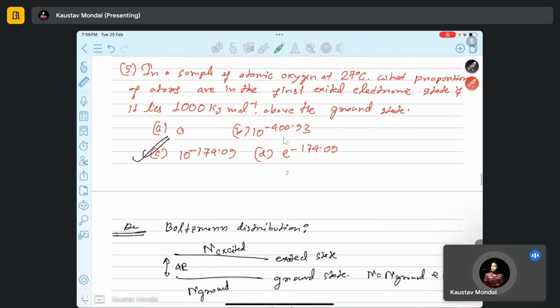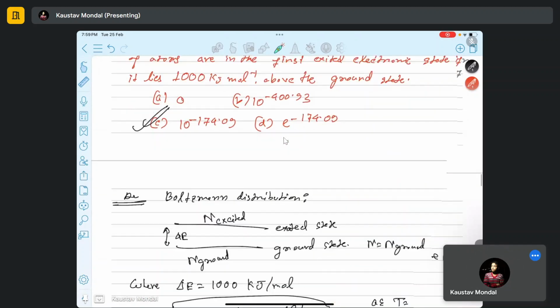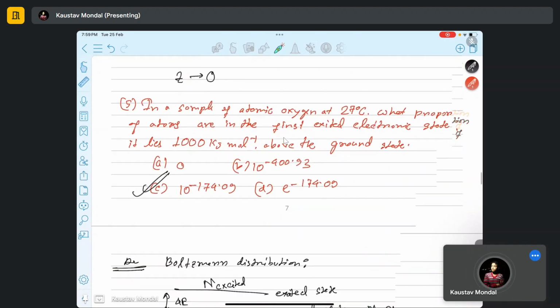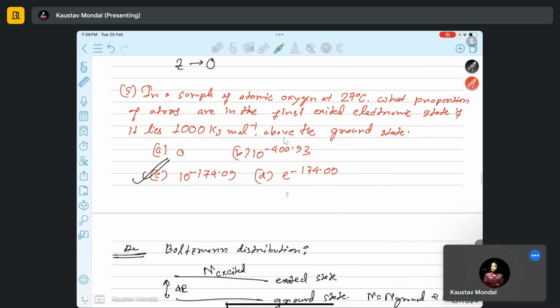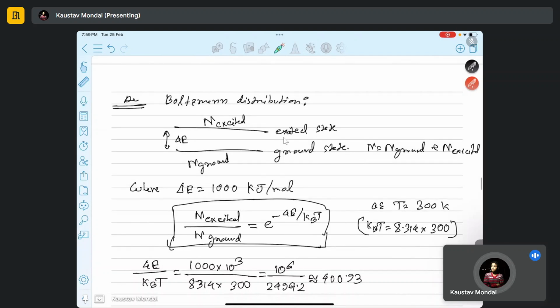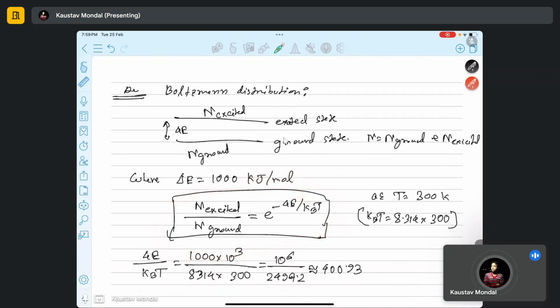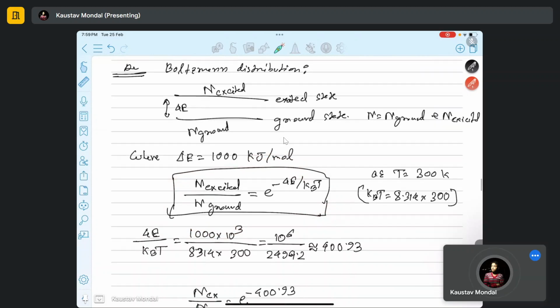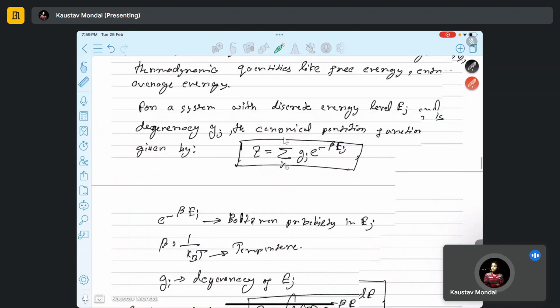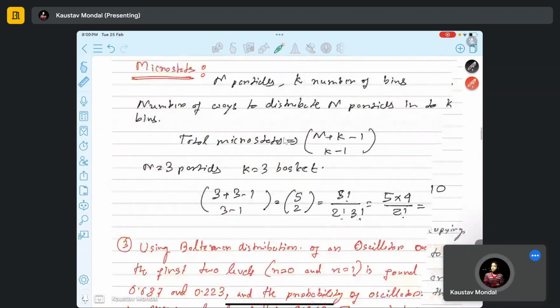And next we also calculated, for particles distributed in a classical thermal system in a ground state and excited state, using the Boltzmann distribution function, the ratio of the particles in the ground state and excited state. So these are the things that we have learned during this session.